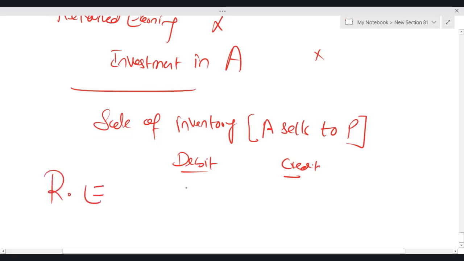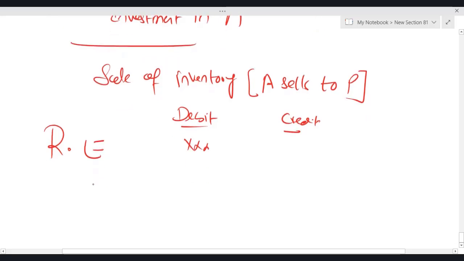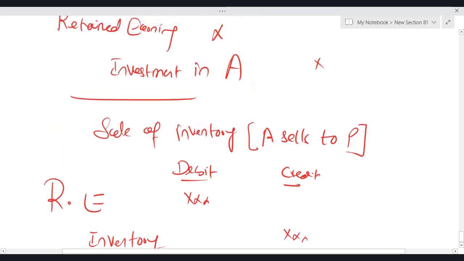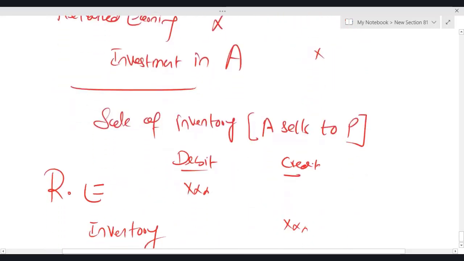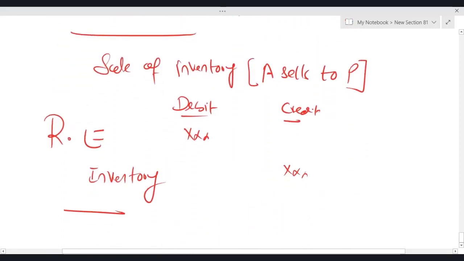Retained earnings debit. Now, credit will be inventory. This is the difference. I hope you can see the difference. Look at this consolidation style approach. You can see that when associate becomes the seller, then there's a difference.